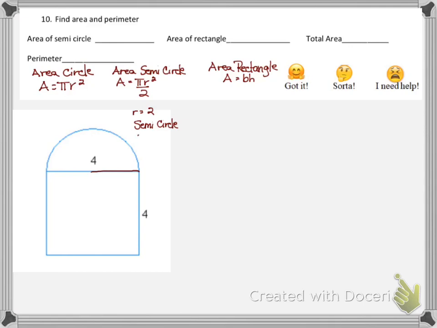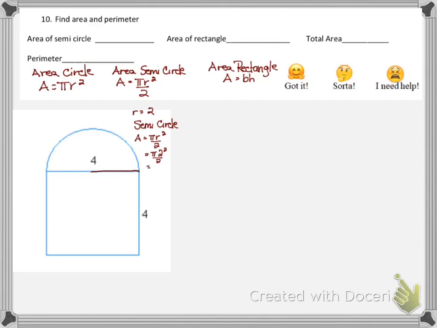So for the area of the semicircle, we're going to use pi r squared, and we've got to divide it by 2. So then we have pi times 2 squared divided by 2.